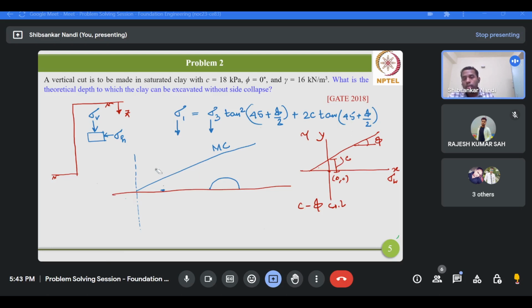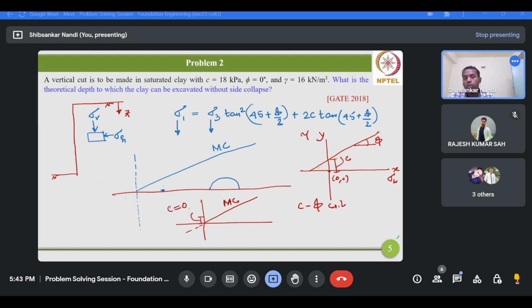Now if this is not the case, suppose you have this kind of plot. This is the Mohr-Coulomb shear envelope. What does it signify? It signifies that the shear strength envelope is now passing through the origin of the plot. Origin of the plot means there is no intercept, so there is no cohesion.